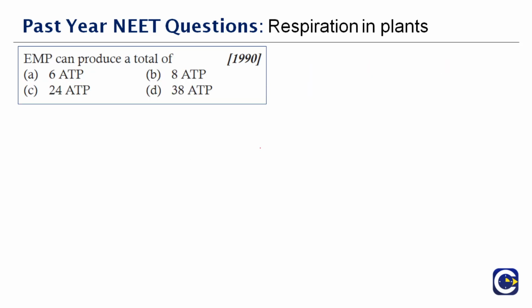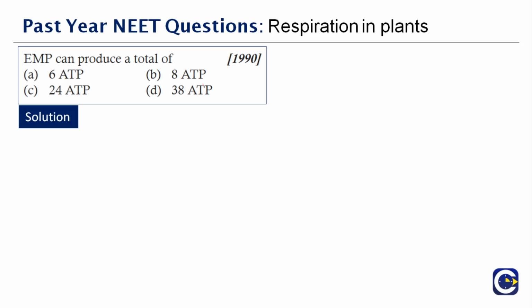Next question. EMP can produce total. Now what does EMP stand for? Do you have any idea? EMP pathway is actually the other name for glycolysis only, the Emden-Meyerhof-Parnas pathway. The name of the person is devised for this pathway. EMP pathway or glycolysis pathway, those mean the same, so don't get confused.